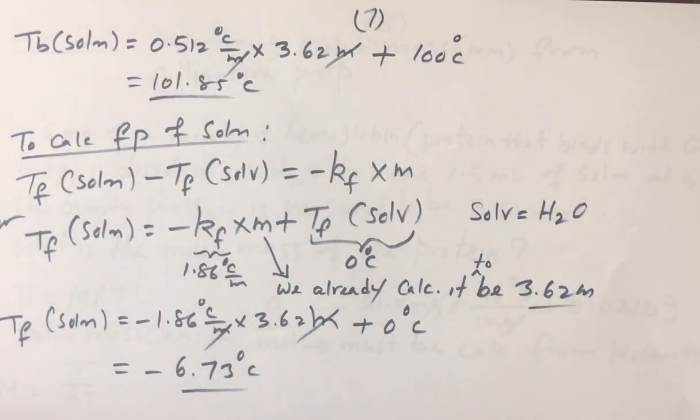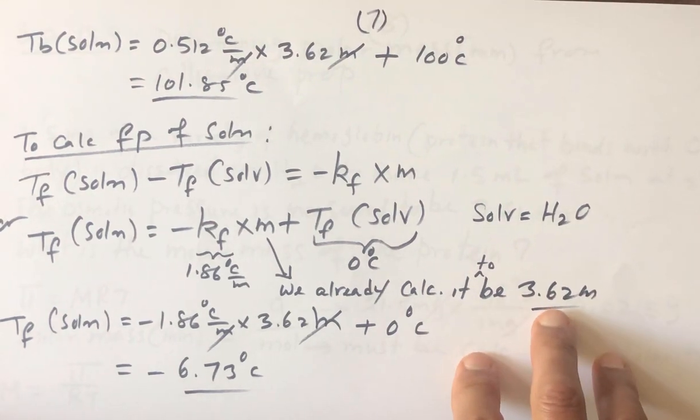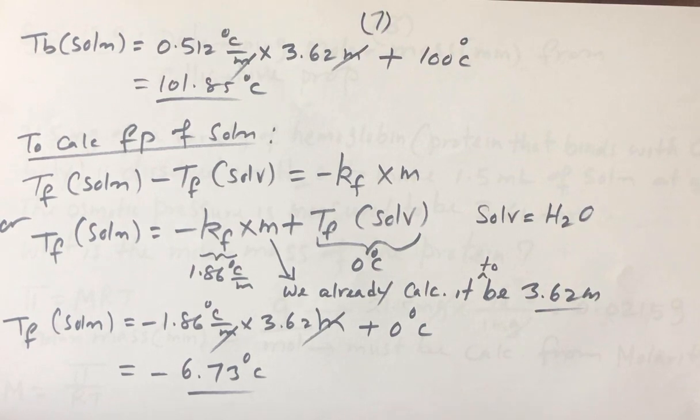Now let's go to the next page. So now we have KB, we have molality, we have the boiling point of solvent. We can easily plug everything in and find the boiling point of the solution to be 101.85.